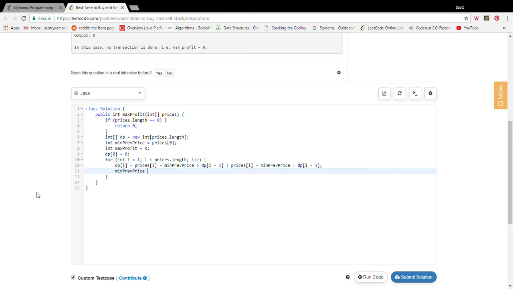The minimum previous price is equal to, well, if prices of i is less than the minimum previous price, then it'll be prices of i. If it's not, it just remains the minimum previous price. And we also need to update our max profit, because that's what we're going to return.